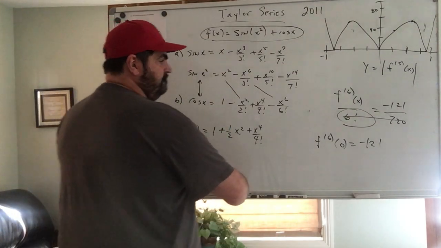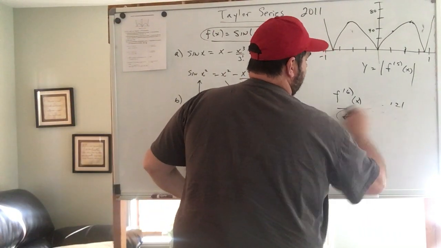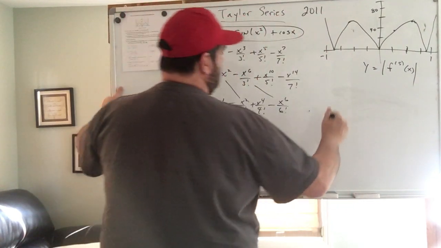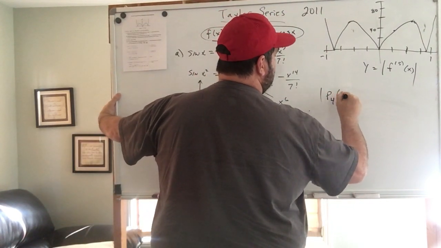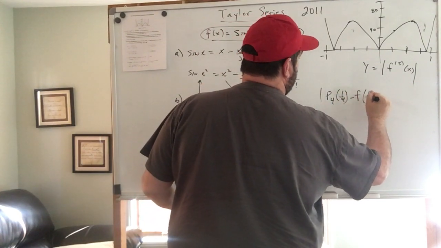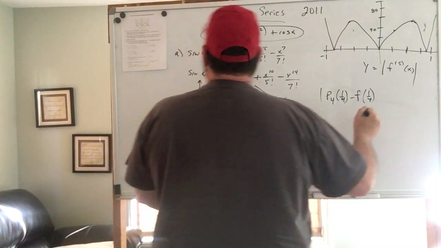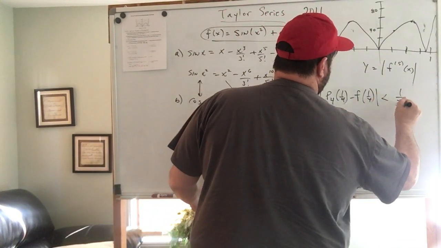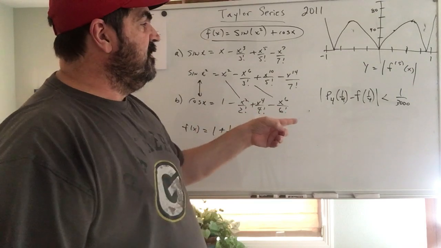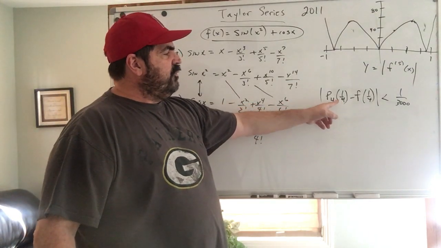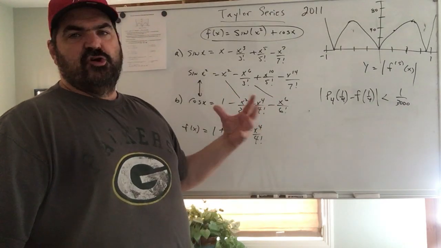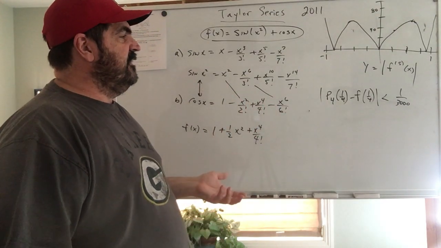All right, so they want us to find the error, use their notation. So they said show that it's actually less than that value. What they're saying is when you plug in 1/4 into your series, show that the difference between that and the actual function is less than 1 over 3,000.